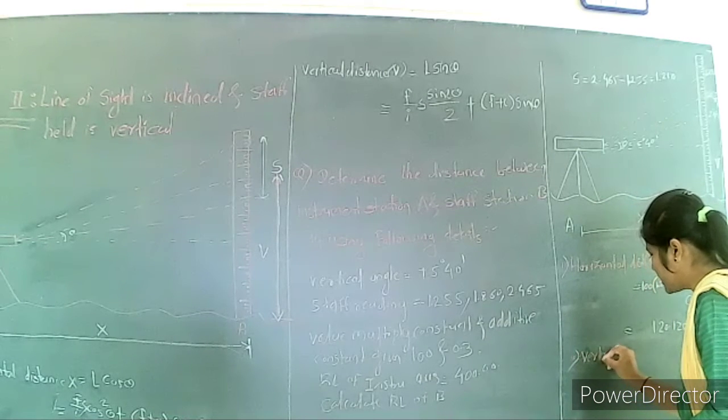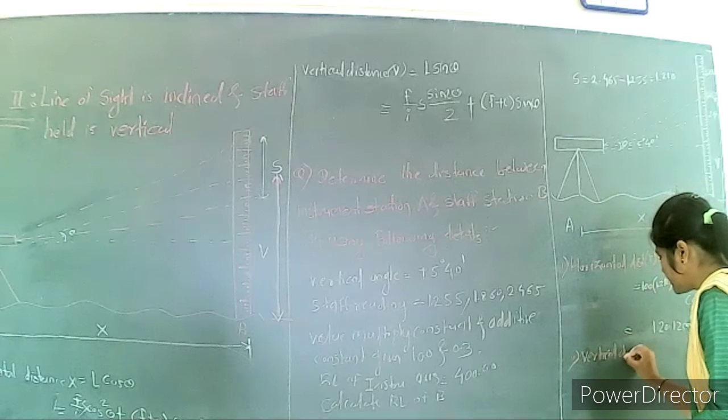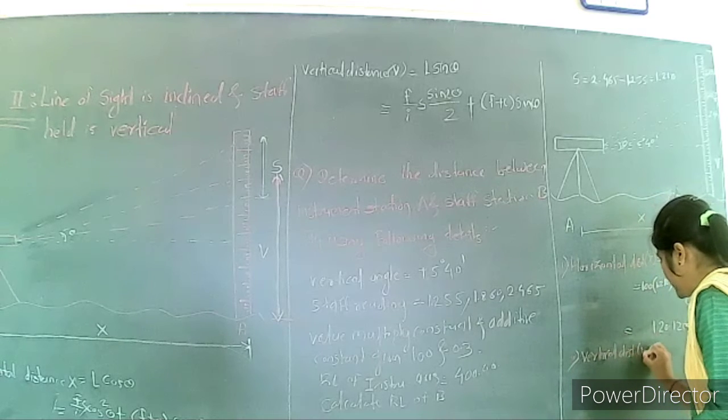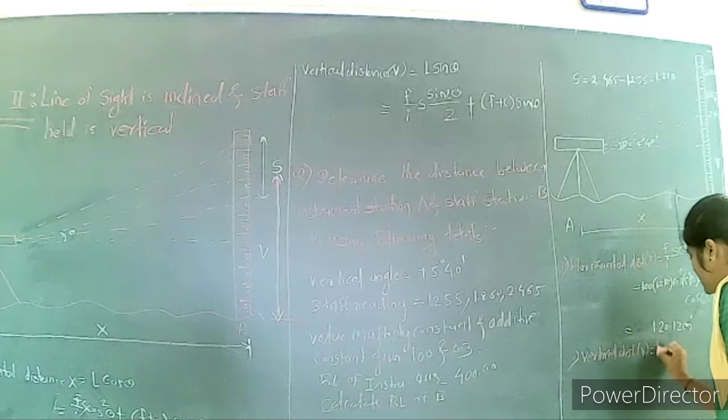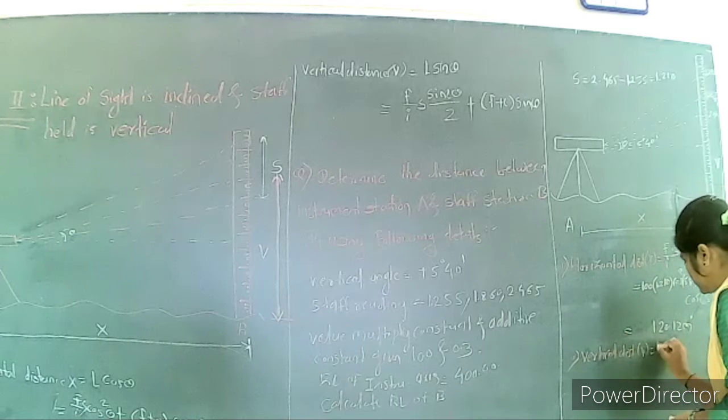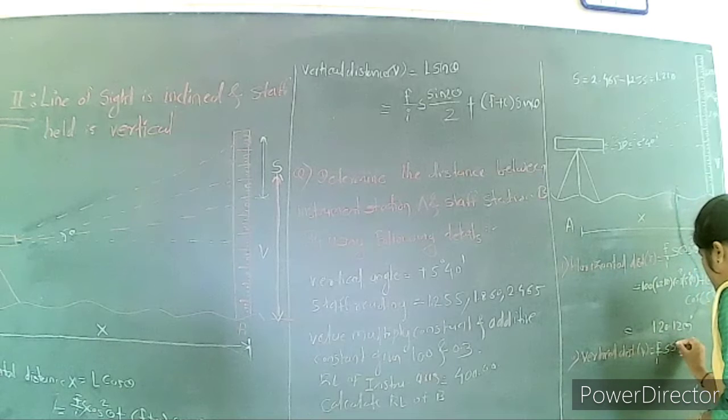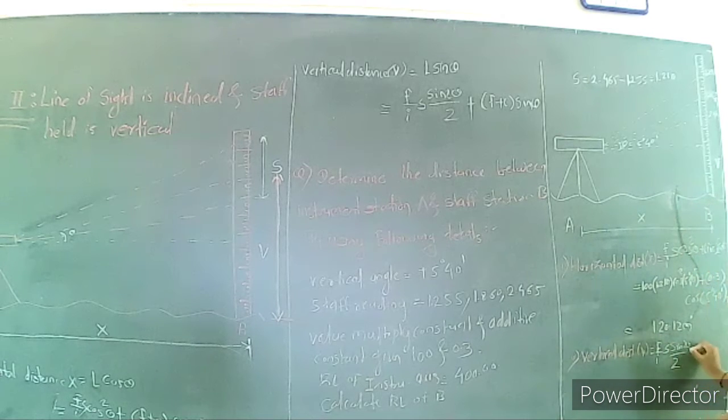Second one, that is the vertical distance. That is capital V, equal to f upon i into S into sine 2 theta divided by 2 plus (f plus c) into sine theta.